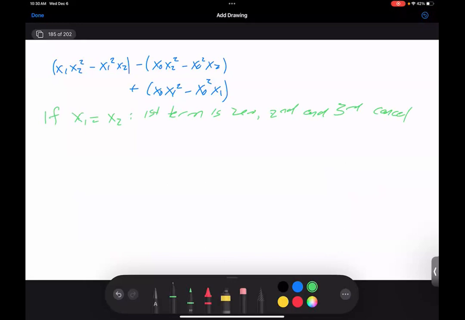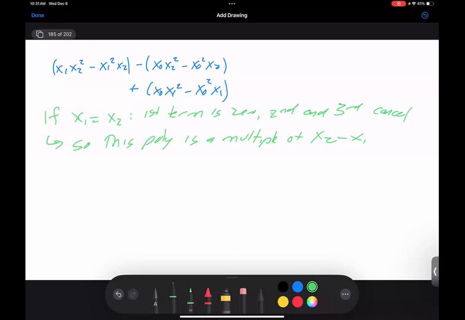So we know that this polynomial has to be a multiple of x2 minus x1. How do we know it's a multiple if we just try it?